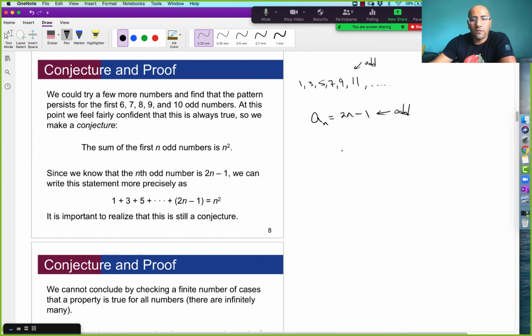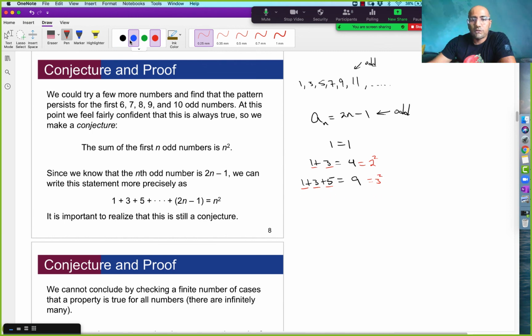Okay, so we're saying that the sum of the first odd number was 1. The sum of the first two odd numbers was 4, which is 2 squared. The sum of the first three odd numbers is 9. So we're pointing out this little pattern. Two odd numbers is equal to 2 squared. Three odd numbers is equal to 3 squared, and so on and so forth.